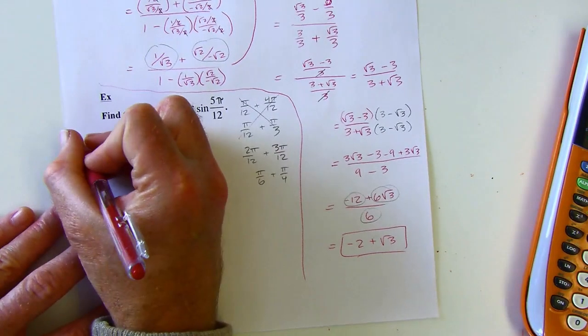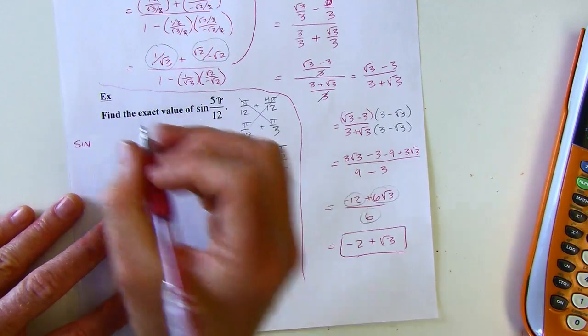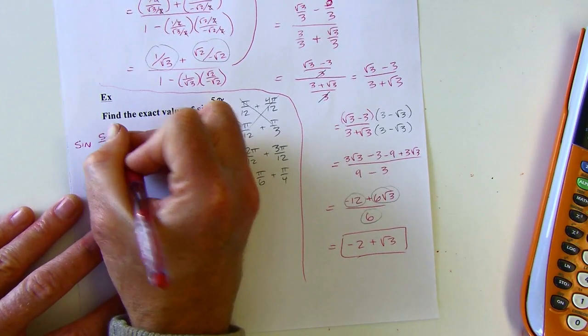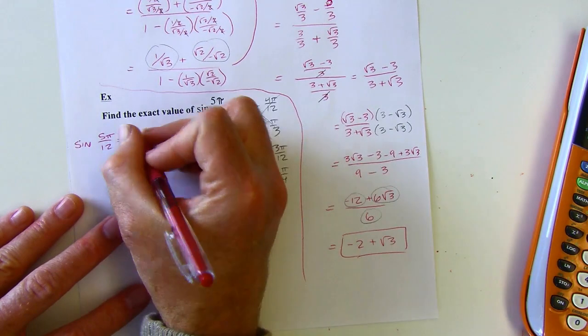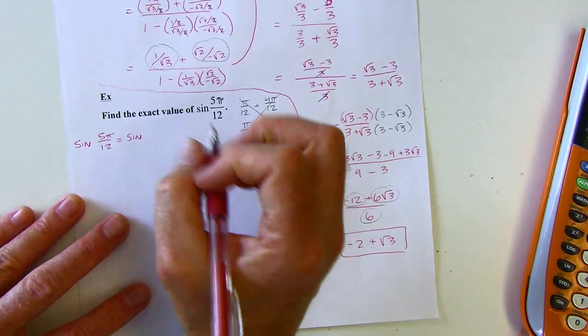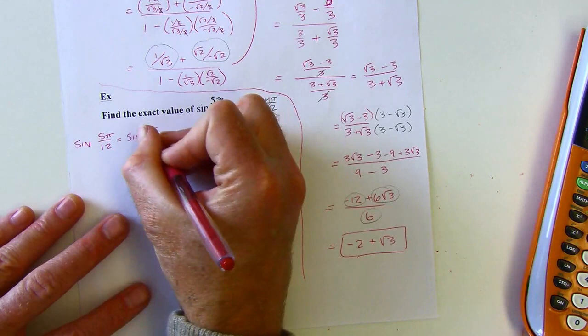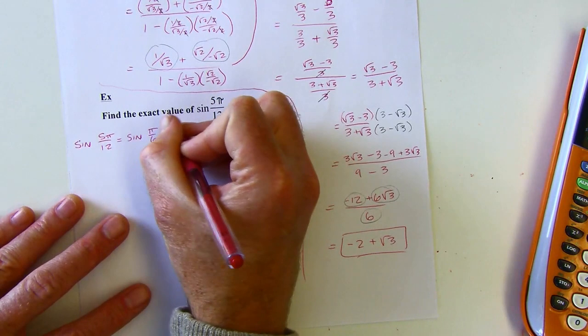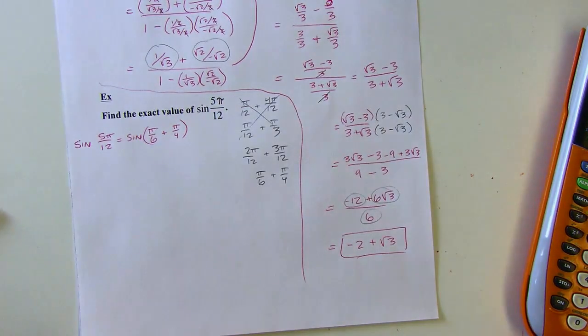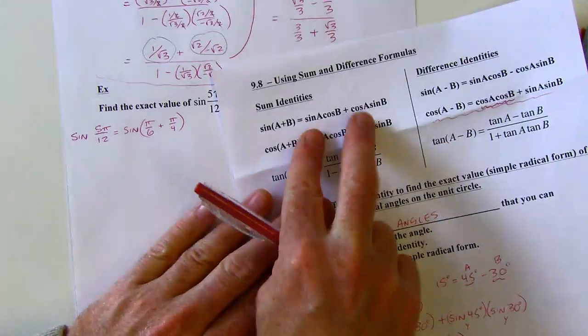So sine of 5 pi over 12 is going to be equivalent to sine of pi over 6 plus pi over 4. Okay, so I'm going to go back and find my sine addition formula, which is right here.